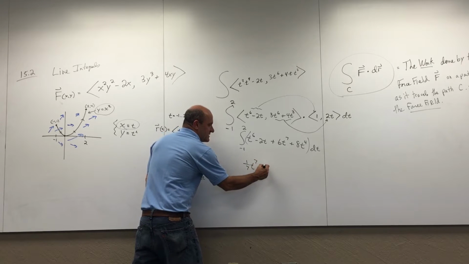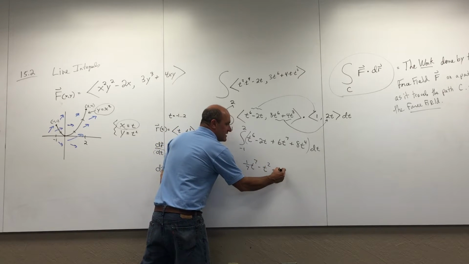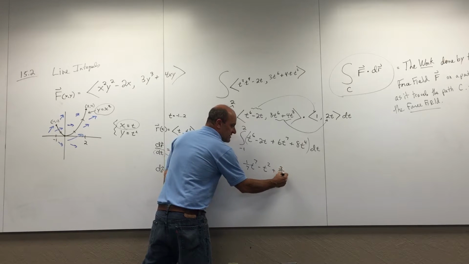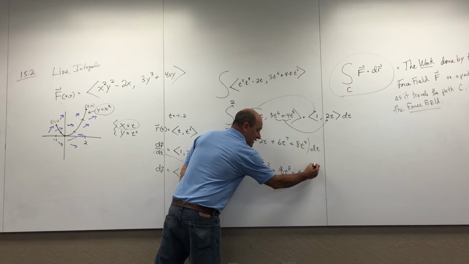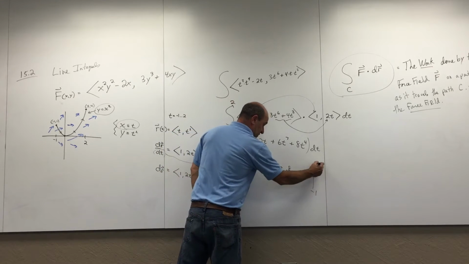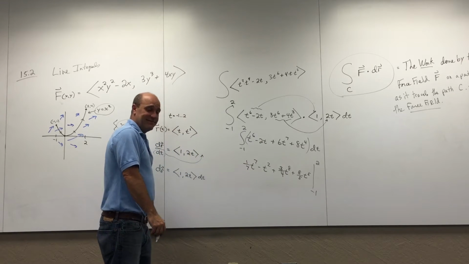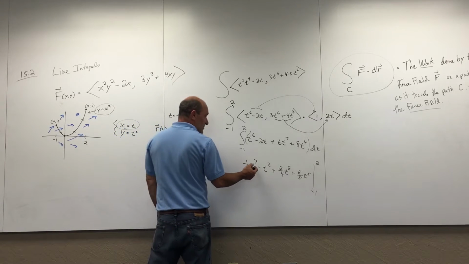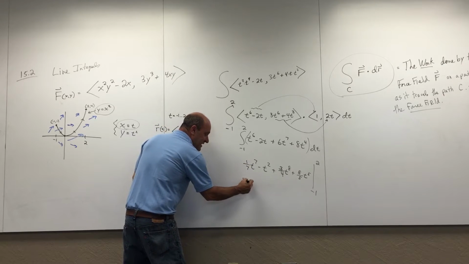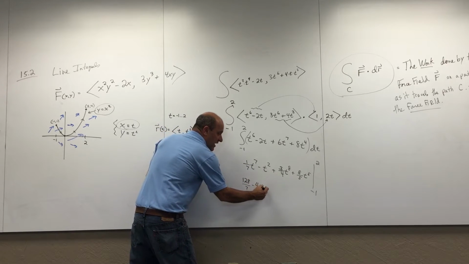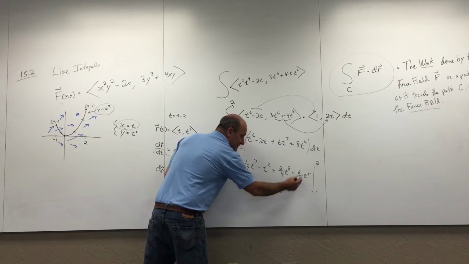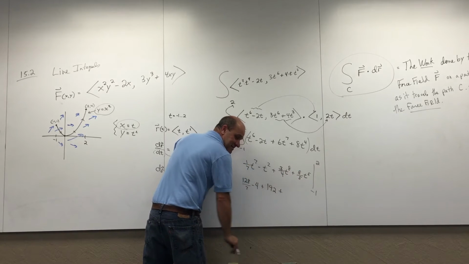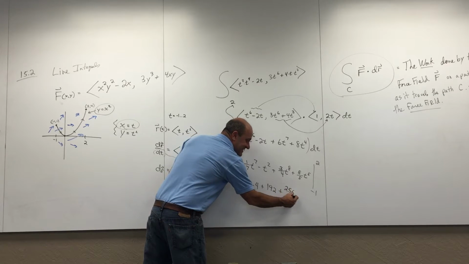1/7 t to the 7th minus t squared plus 3/4 t to the 8th plus 8/5 t to the 5th. All right, all you got to do is plug in your -1 and 2. What's 2 to the 7th? 128. 128 sevenths minus 4 plus 192 plus 256 fifths.